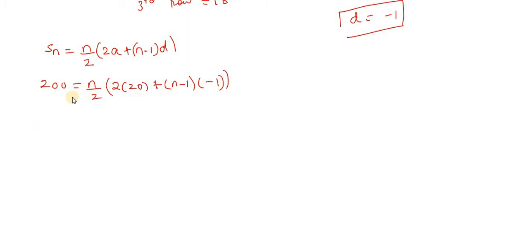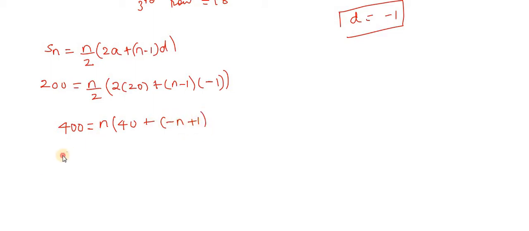Now simplify this. Cross multiply: 200 into 2 is 400, which is equal to n into 2 into 20, which is 40, plus n minus 1 into minus 1, that is minus n plus 1.